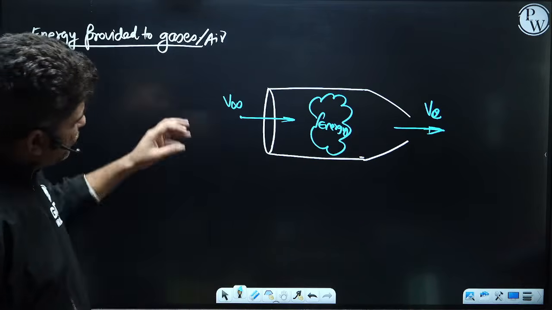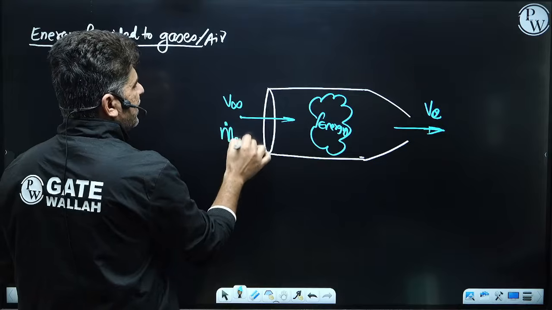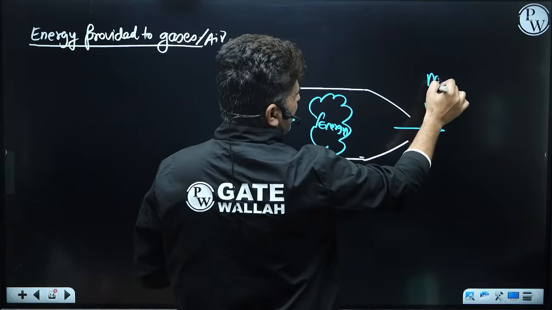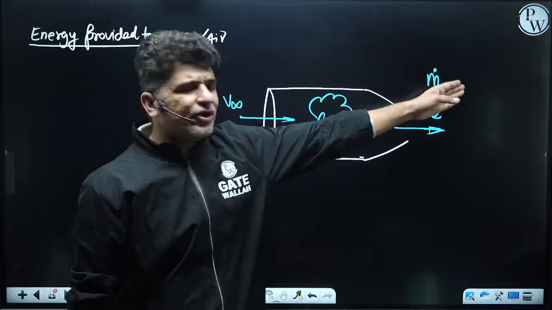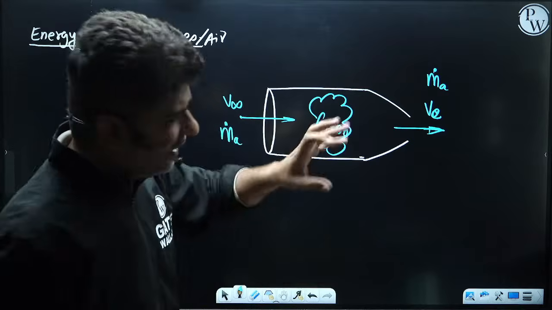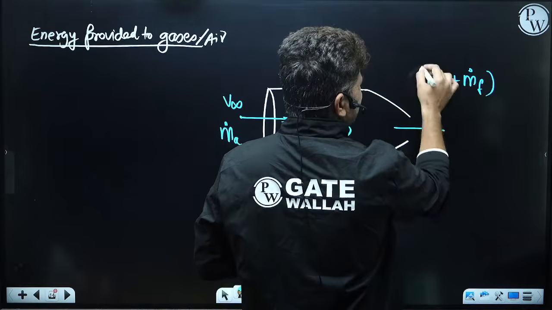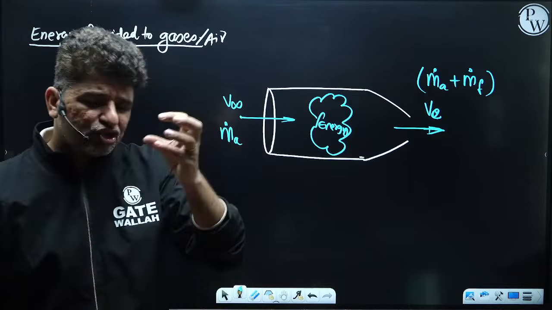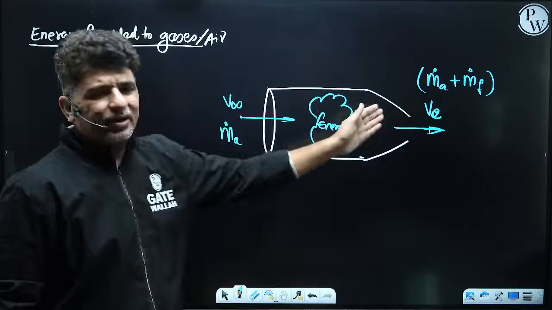So you see, it was coming in with a certain mass flow rate, mass flow rate of air, and it is going out with the mass flow rate of air. We can consider mass flow rate of fuel also, because in the total energy it will be accounted, but generally the mass flow rate of fuel will be much smaller as compared to the mass flow rate of air, so we are going to neglect it.